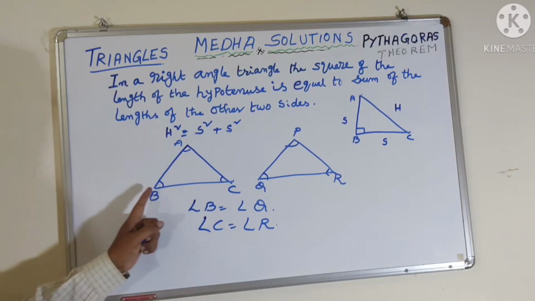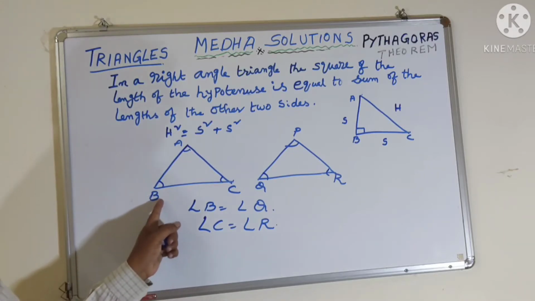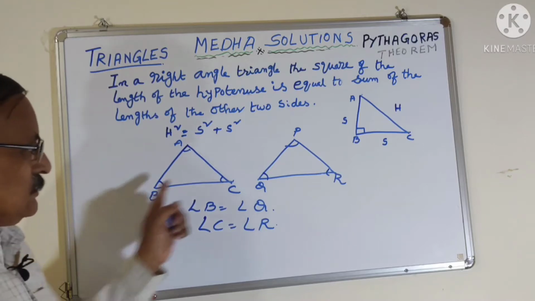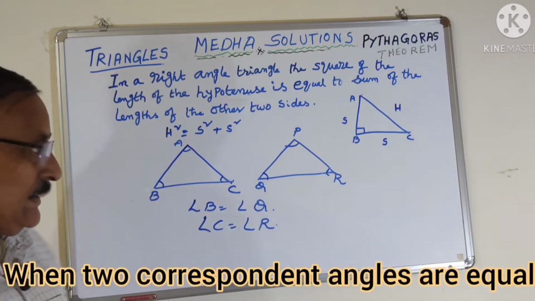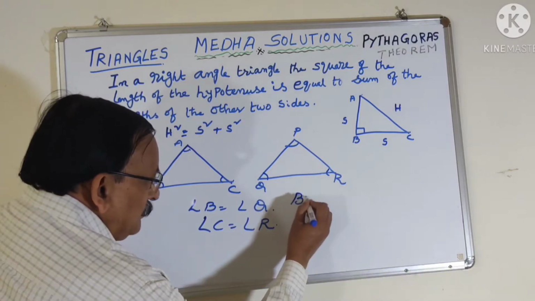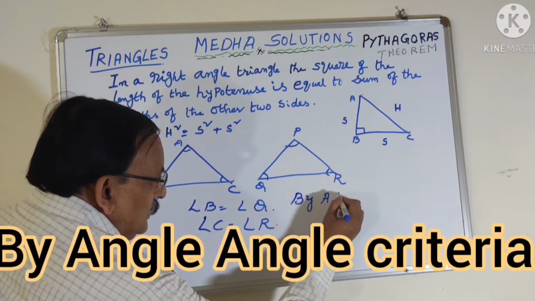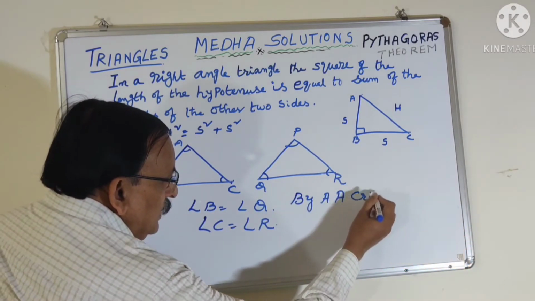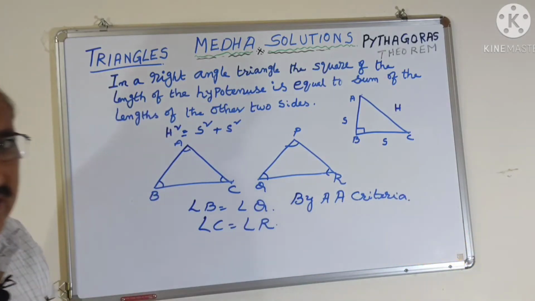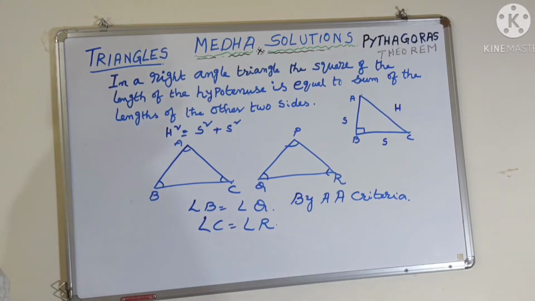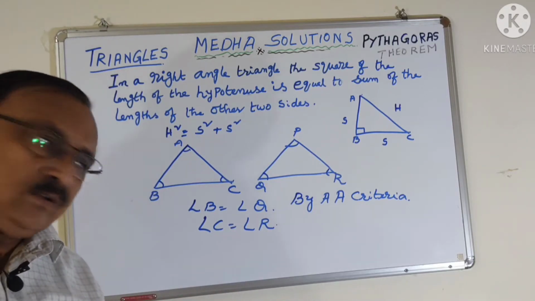When two corresponding angles of this triangle and that triangle are equal, angle B equal to angle Q, angle C equal to angle R, then we can say by AA criteria. AA means angle, two angles are enough. Third angle is not necessary. If two angles are equal, automatically the third angle is also equal.